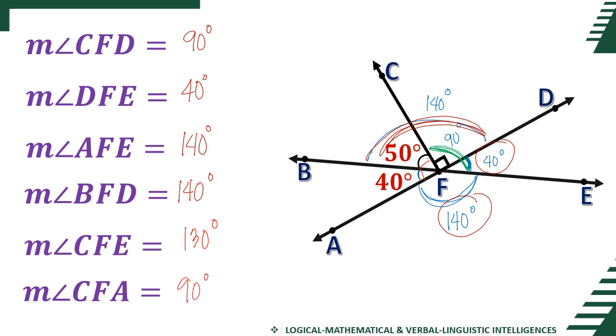Now, as you can see, all the angle measures that we've got in here are less than 180 degrees. During our discussion, we only focus on acute, right, and obtuse angles.